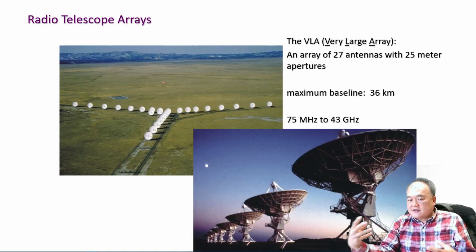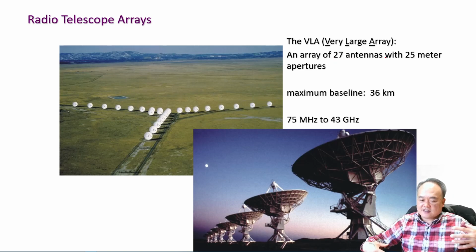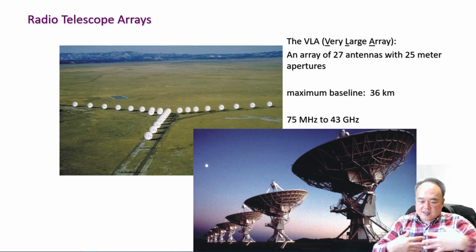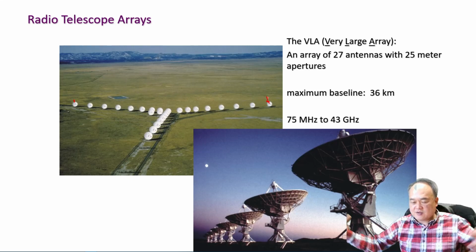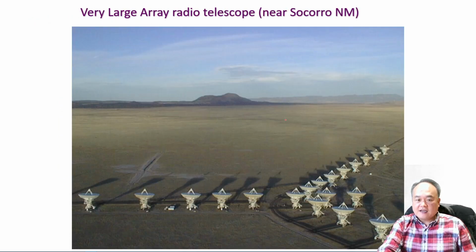Typical radio telescope arrays are in a Y configuration, such as the Very Large Array in New Mexico. This has 27 antennas, each 25 meters in size, and their separation and distribution pattern can be adjusted. The maximum baseline, the maximum separation of two antennas in the deployed pattern, is 36 kilometers, and it operates in the middle of the radio frequency range.